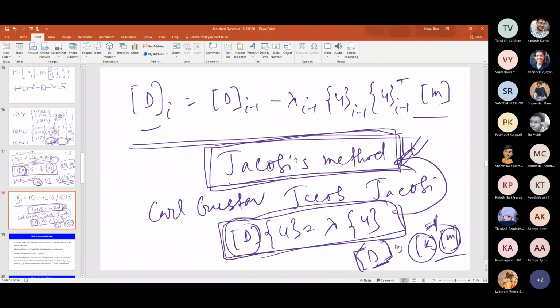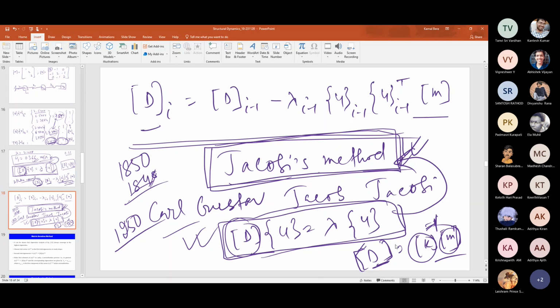This was actually a very good method, but historically, although it was invented around the 1850s, if I am not wrong around 1846 or 48, it became popular around the 1950s. After 100 years it became popular because it requires a computer, since otherwise hand calculation is difficult.